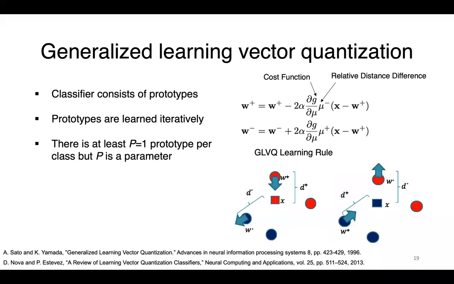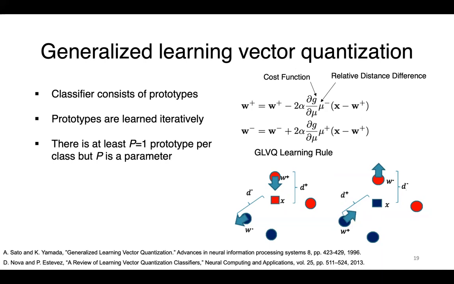Just as with LVQ, the GLVQ classifier consists of prototypes. The prototypes are learned iteratively using the GLVQ learning rule, which is formalized on the right here. Here, the relative distance difference is a quantity determined by the distance of the query vector from its closest prototype with the incorrect and correct class labels.